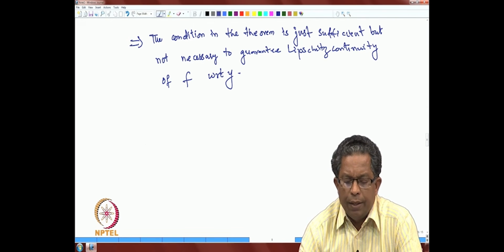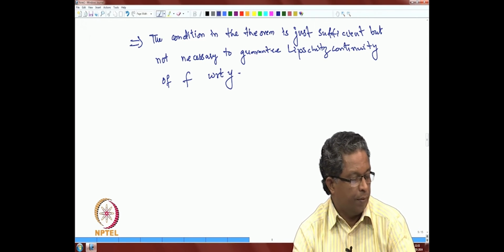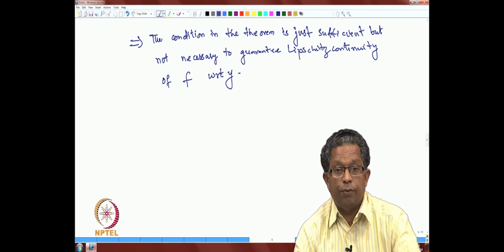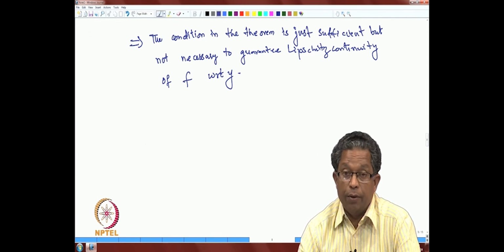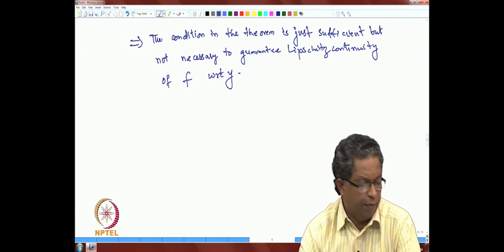And also note that Lipschitz continuity is a stronger notion than continuity. Any Lipschitz continuous function is continuous, but weaker than differentiability.